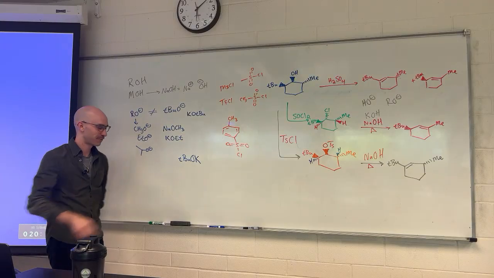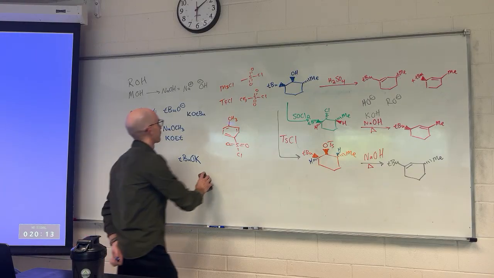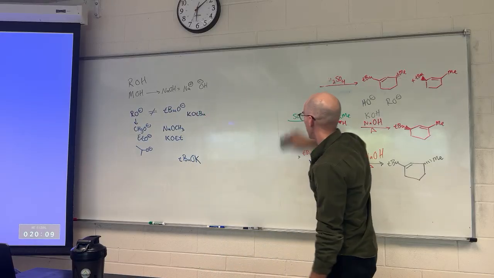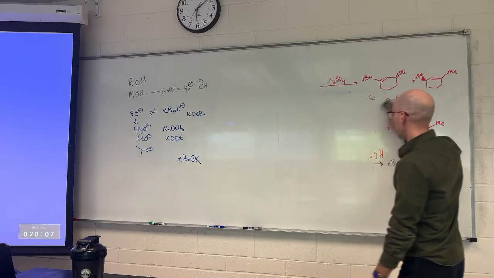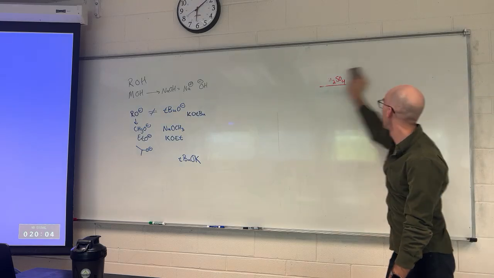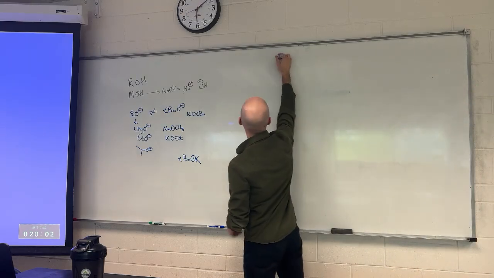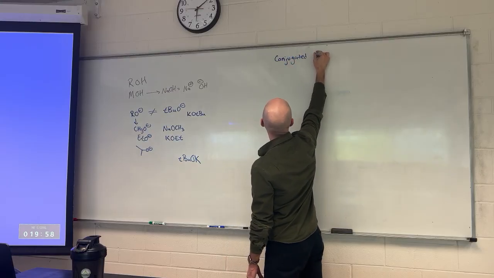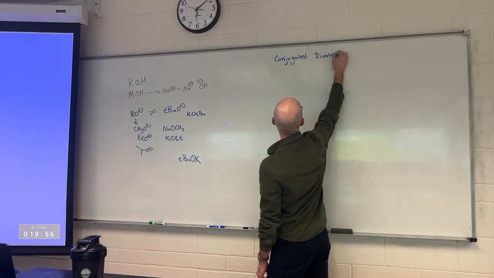These next few reactions are very similar to our typical alkene addition reactions. The problem is they are conjugated dienes. Can anyone remind me what conjugated means?